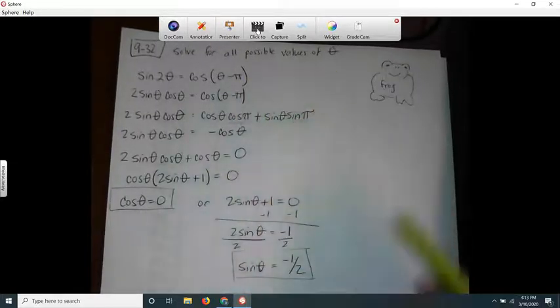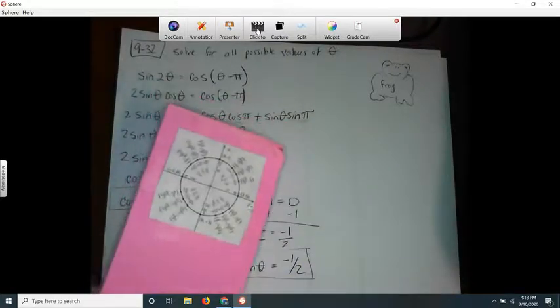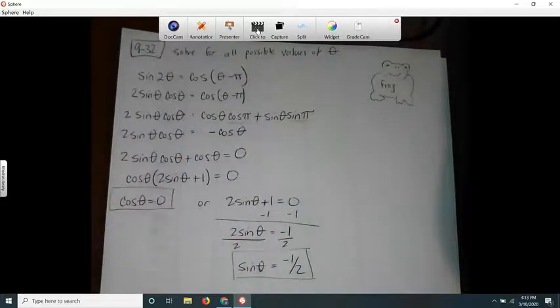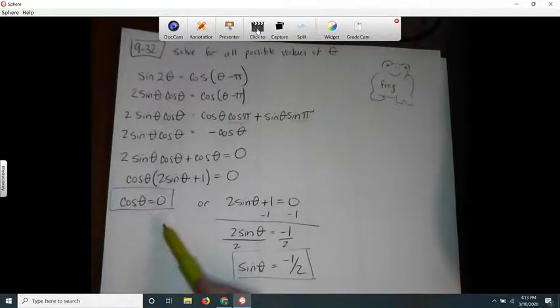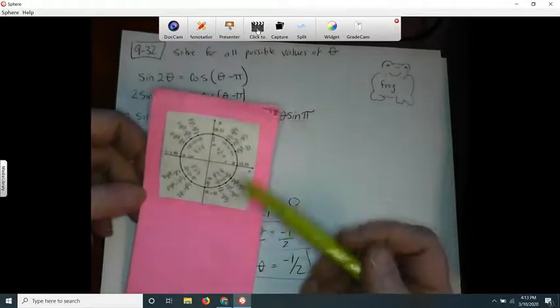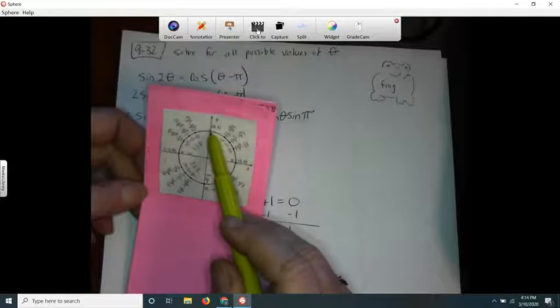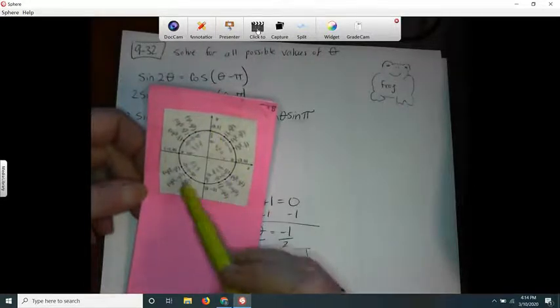So all the way around the unit circle, not just between 0 and 2 pi. So I'm going to have to say plus 2 pi times n or something like that. So where is cosine 0 on my unit circle? Cosine is the x value. So it's 0 at pi over 2 and at 3 pi over 2.